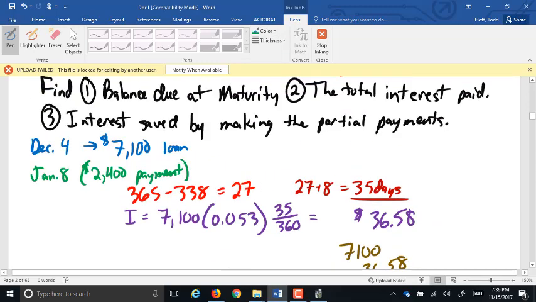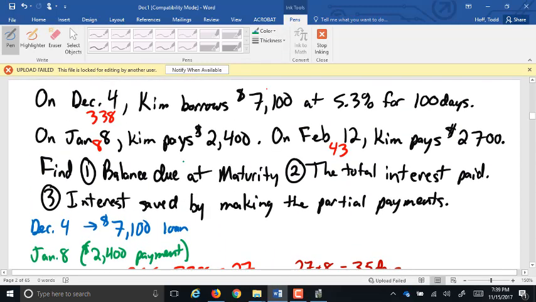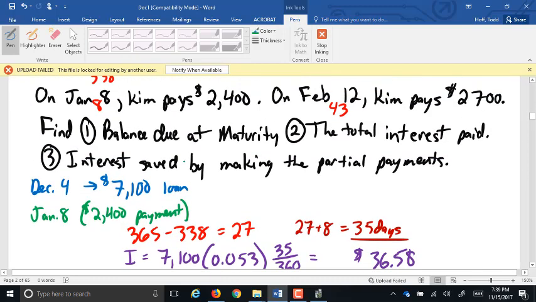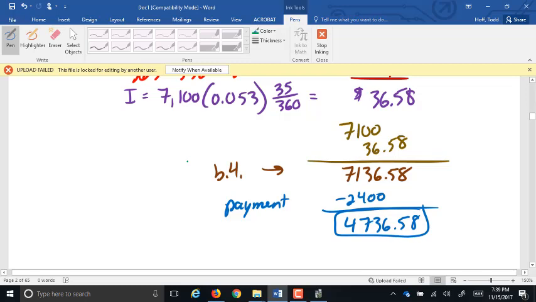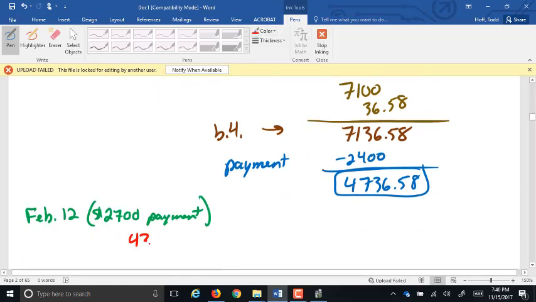So our next action is on February 12th, day 43, when they make the $2,700 payment. That is day 43. The last action was on January 8th, which is day 8. That subtracts to 35 days.